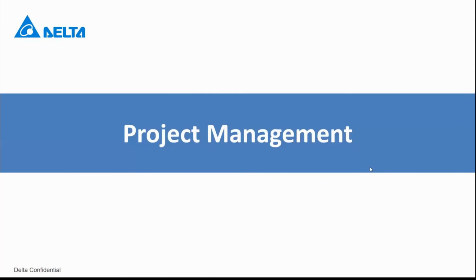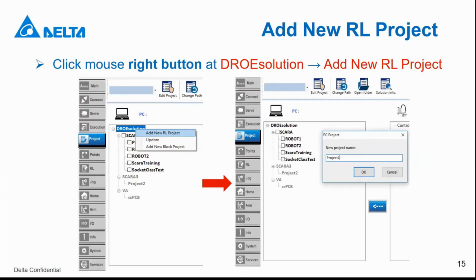And next is project management. Basically, our software is also project-based. For each machine or application, you can create a project. In the project, we store point information, programming information, and some settings of the robot. So in the project page, you can right-click on the DRAStudio solution.